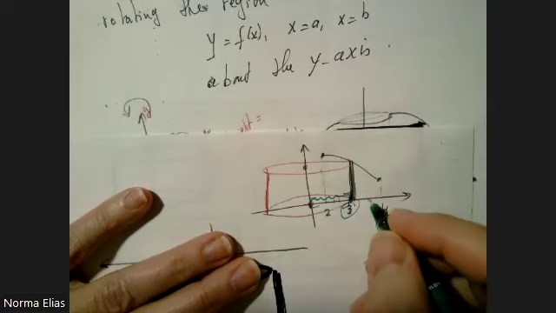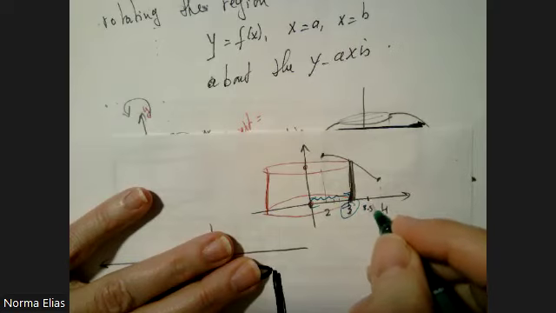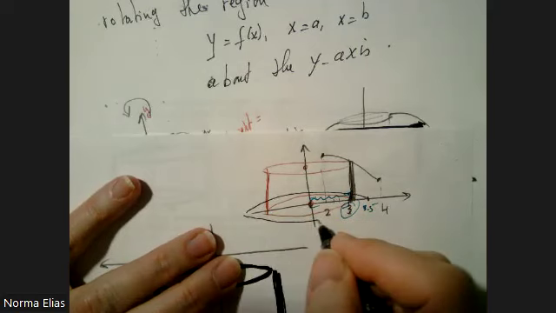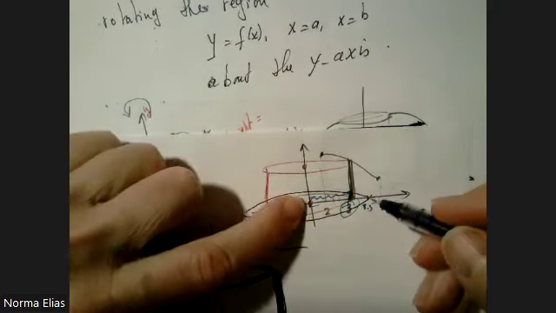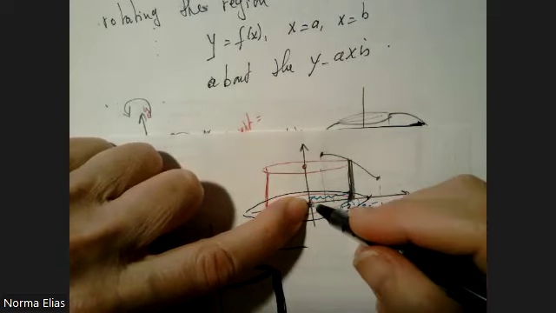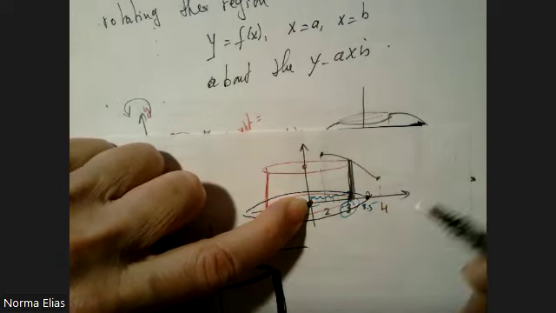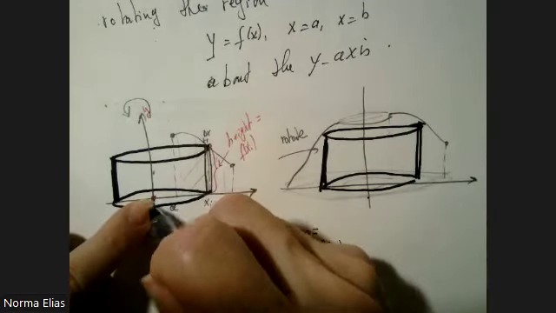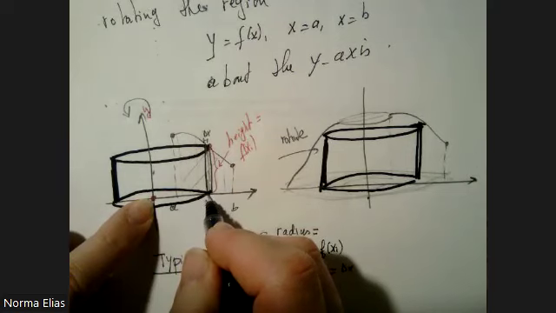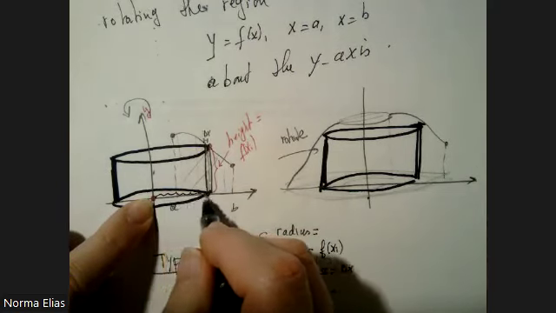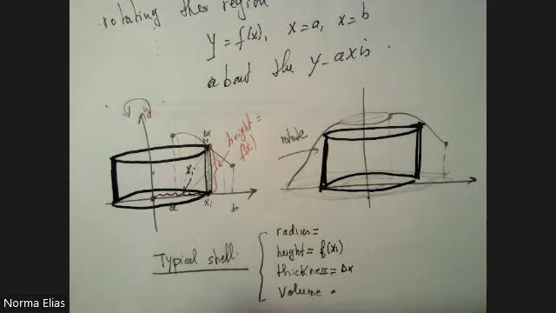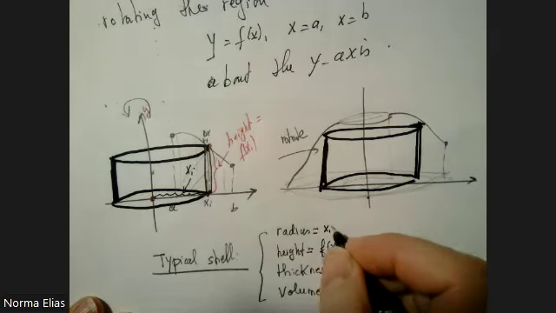If my xi happens to be 3.5 right there, the radius is growing and it's going to be 3.5. So in the general context, what's going to be the radius from the axis of rotation to the base of the shell? This is going to be my xi, and that's the radius of the shell.